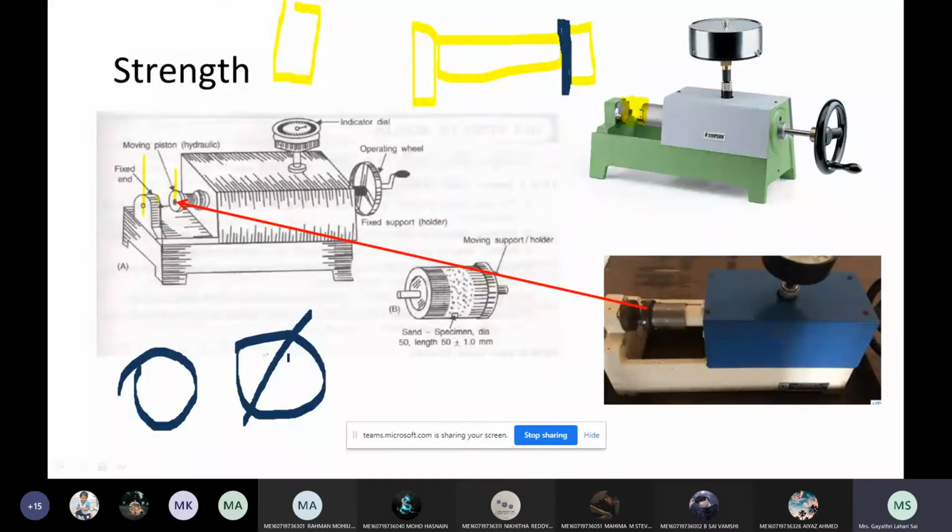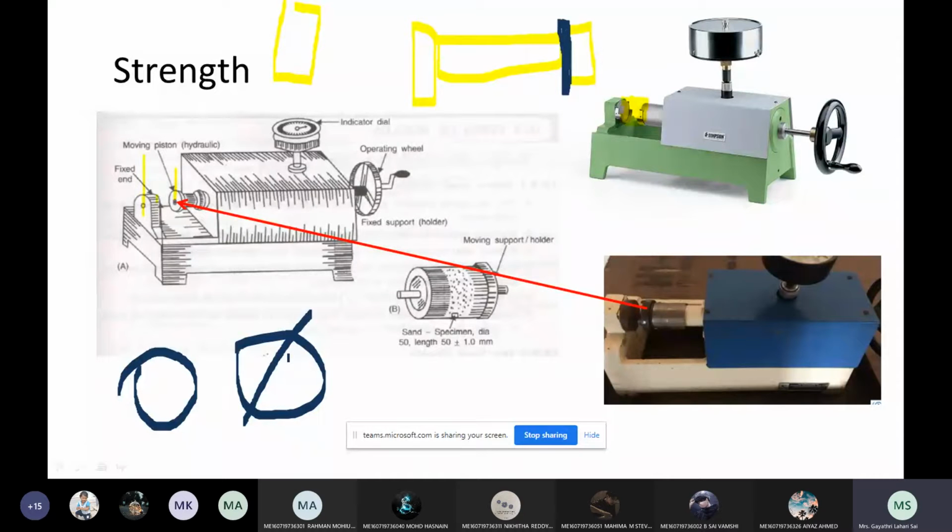Likewise, you will also measure the dry strength. The dry sand strength is nothing but the specimen, after you take it from the sand rammer, heated to 105 to 110 degrees centigrade. Likewise, as you do for the moisture content and clay content, you will heat the specimen to 105 to 110 degrees centigrade so that the complete moisture is expelled. For 2 hours you will heat it, then take the specimen and fix it in between these two ends, right?